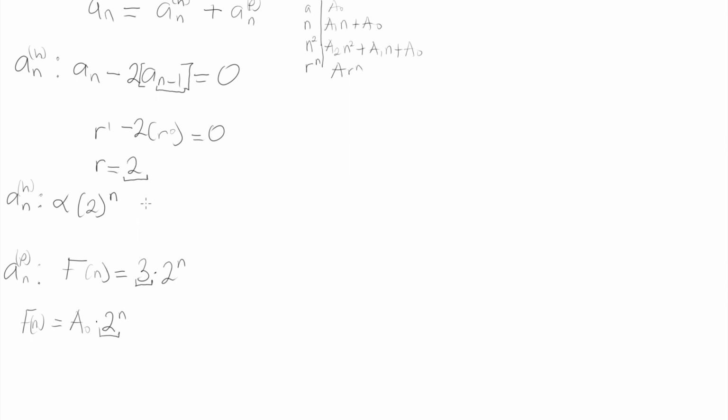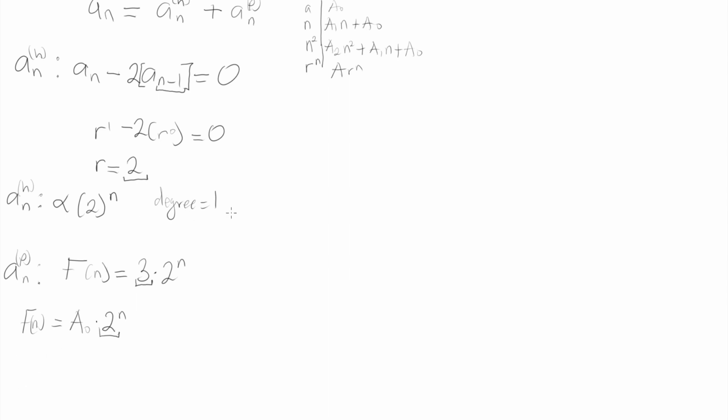Since the root appears once, it has a degree of 1. So whenever you have a root with a particular degree, you then have to multiply the particular solution by n raised to that particular degree, let's say m for instance.